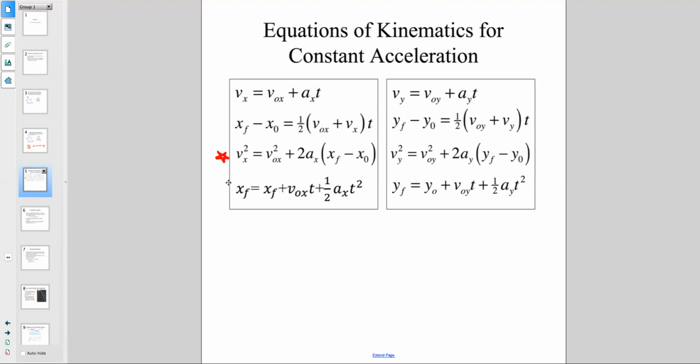If you don't know the time of the motion, you can use this equation. So these are the equations for kinematics with constant accelerations, both along x and along y. They're the same, as you can see.